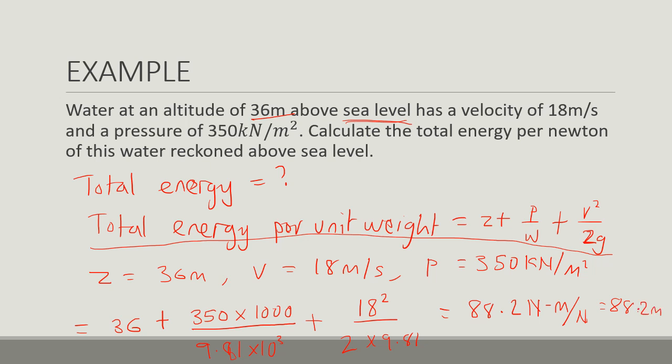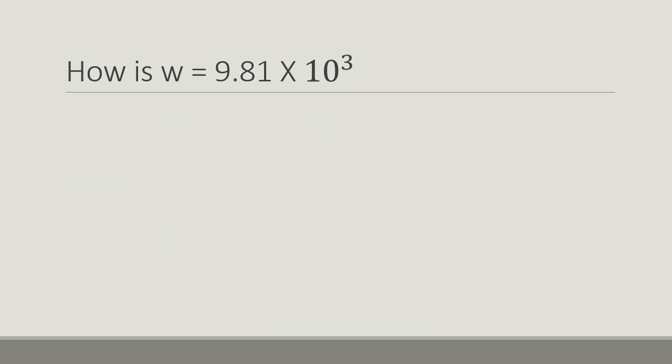And now, how is W 9.81? W is 9.81 because if you remember the formula, W is equal to rho G, and generally G is 9.81 meters per second squared.